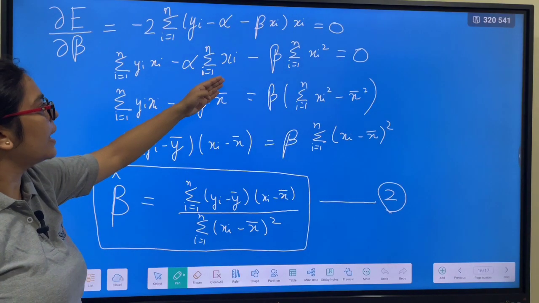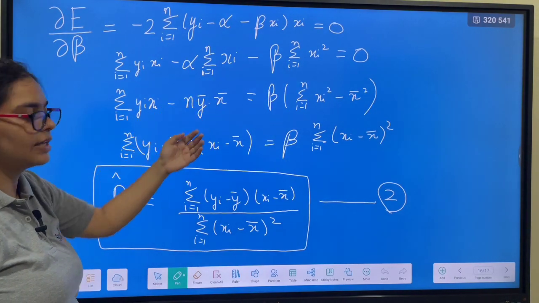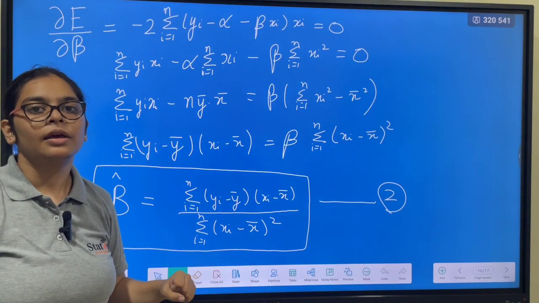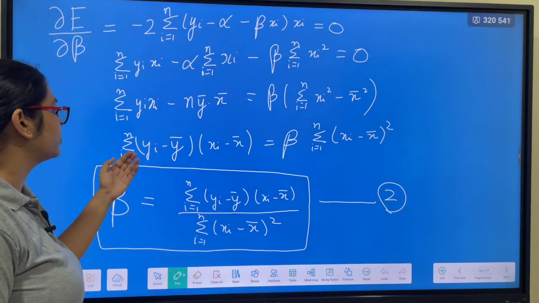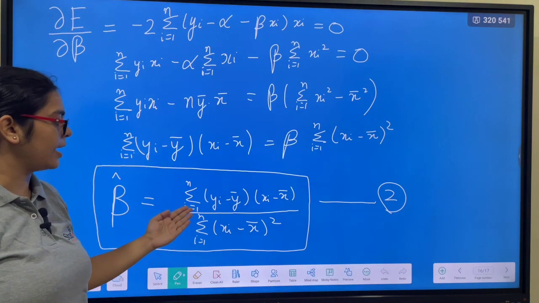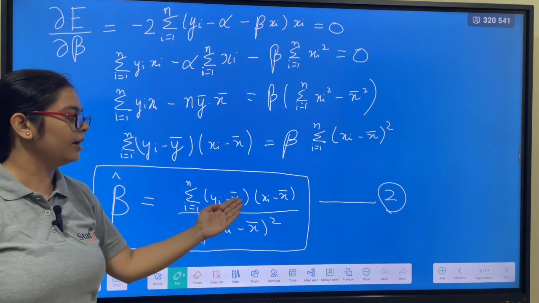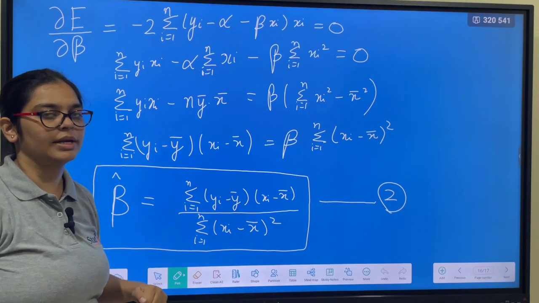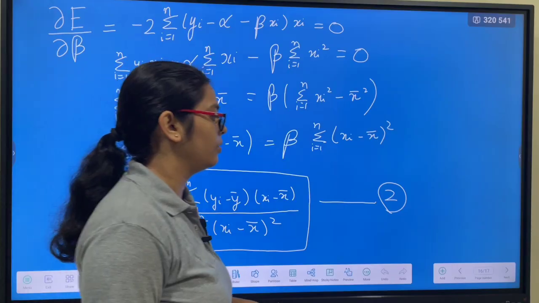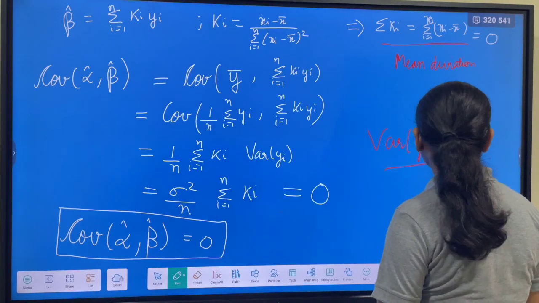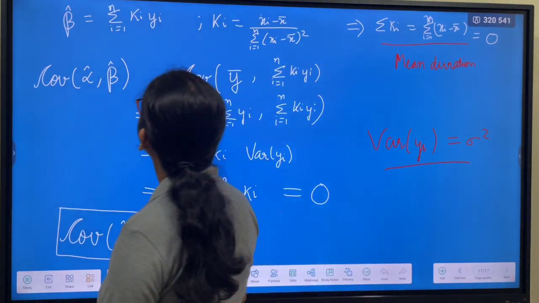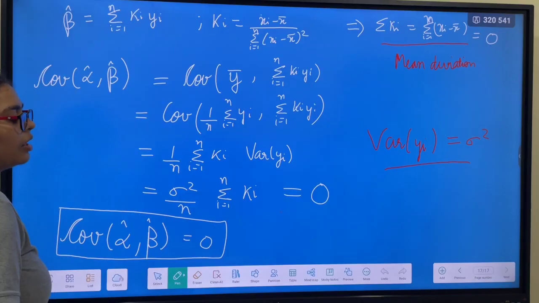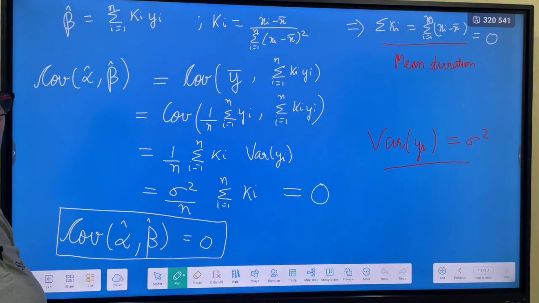Taking summation inside and multiplying as we did in the beta 1 cap, we will get beta cap as summation i goes from 1 to n yi minus y bar into xi minus x bar upon summation i goes from 1 to n xi minus x bar whole square. This is our equation number 2. So now we have to calculate the covariance between alpha cap and beta cap.